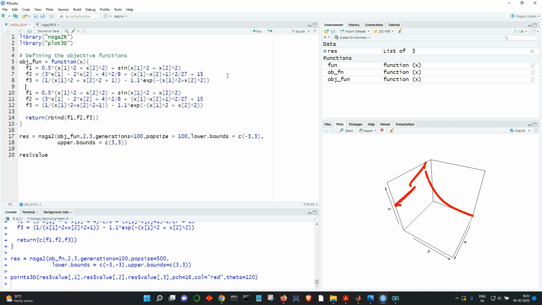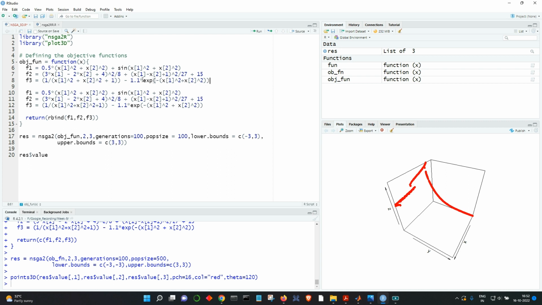So, hmm, we have the same F1, we have the same F2, we have the same F3.